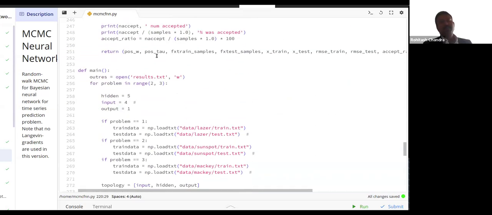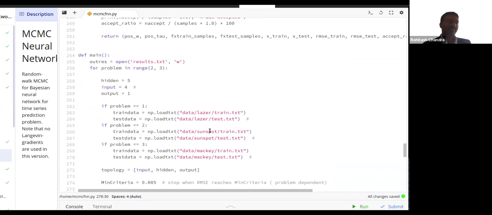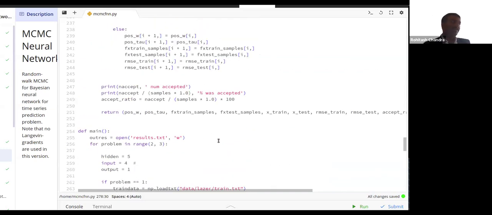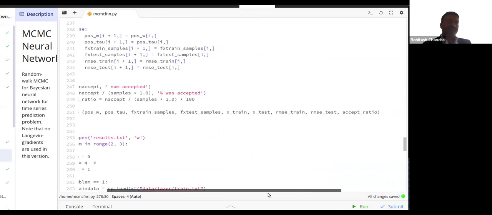And then you return all these things, the set of predictions of the train, and the set of predictions of the test set. This is throughout the history of sampling, and we are looking at 10,000 or 1,000 samples. But we've done experiments all the way to 100,000 samples in some of my previous papers to see how things are.